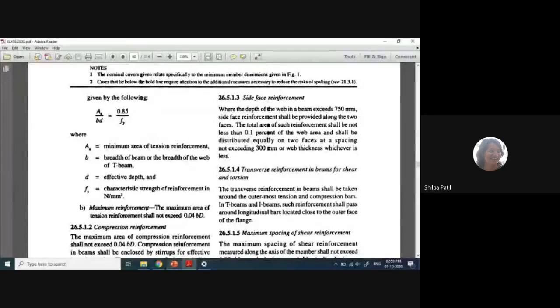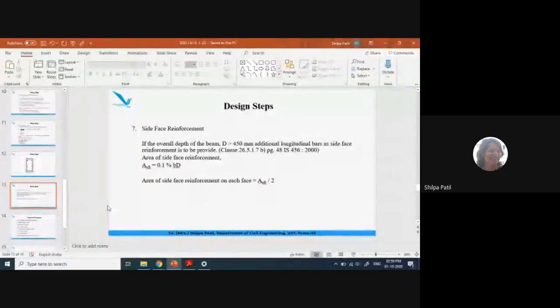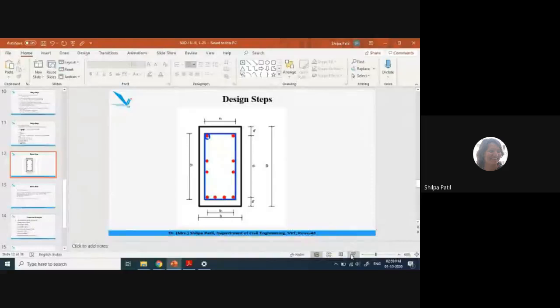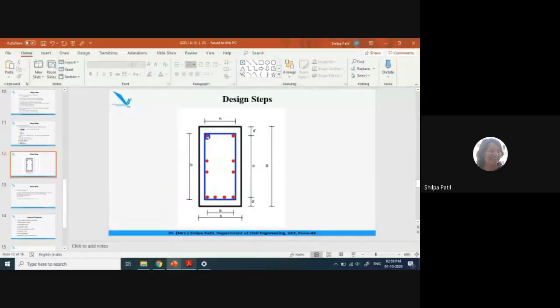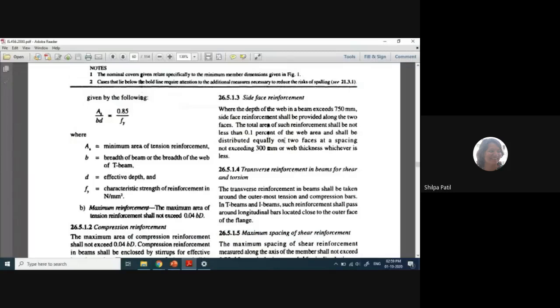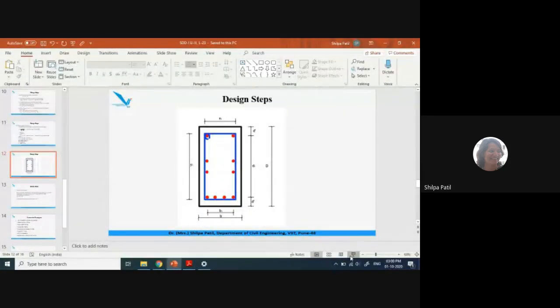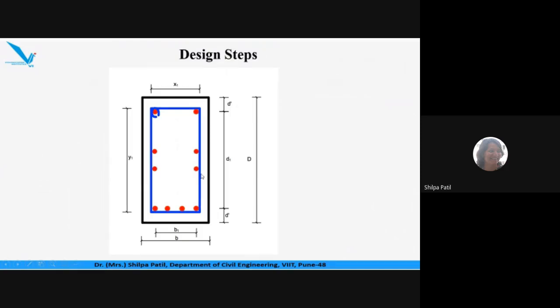So this particular diagram shows the side reinforcement, which is provided, and the spacing between these bars should not be more than 300 mm, or the web thickness, whichever is less.